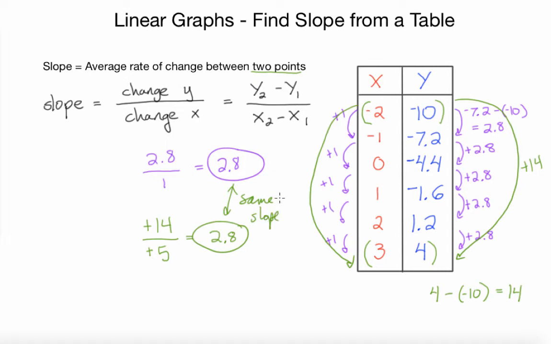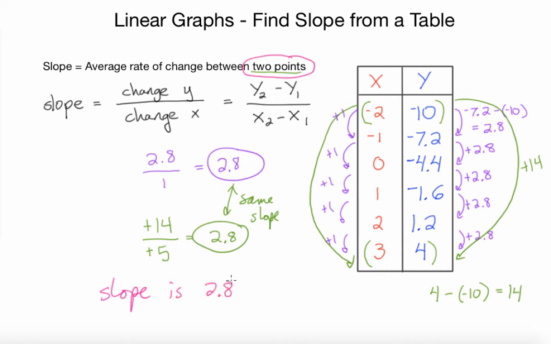So the whole point is, if I'm given a table of values, that's a bunch of points, I only need 2 of them to figure out how much change is happening in my y values and how much change is happening in my x values. Then I can divide them, and any 2 points off this table will give me the same exact slope of 2.8. So the slope from the table is 2.8.